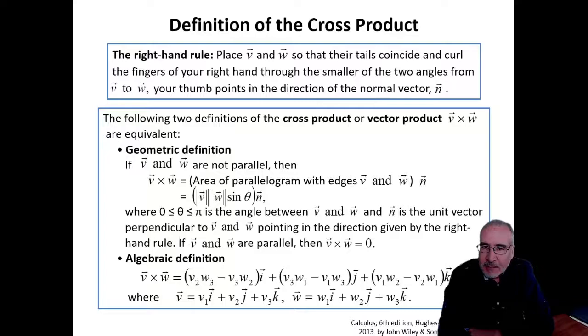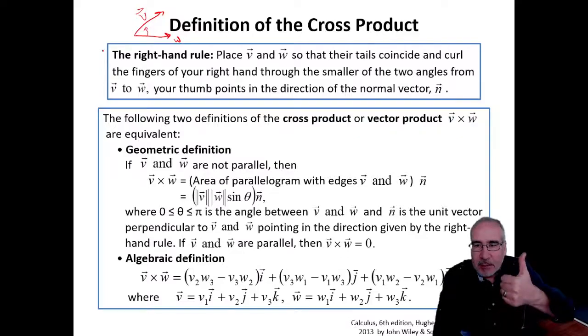V and W are two vectors whose tails coincide, maybe V here and W here, with some angle between them, since two vectors are in the same plane. And then there's a normal vector that shoots off perpendicular to them.